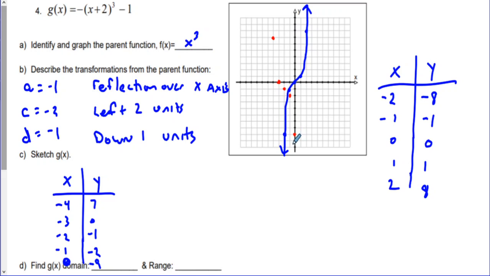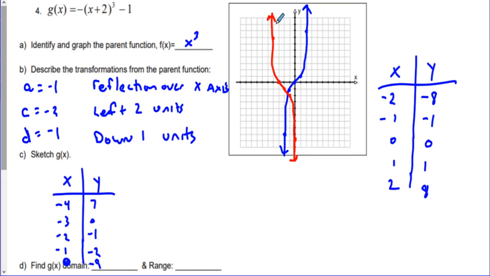Let's try that again. -9, which is this one right here. So if I sketch this again, it's going to go down until I hit these points, turn sideways, go through those 3 that are kind of straight, and then turn again. And it'll look like this.